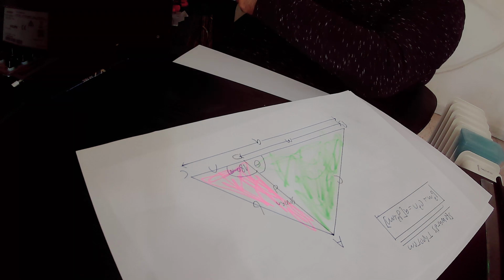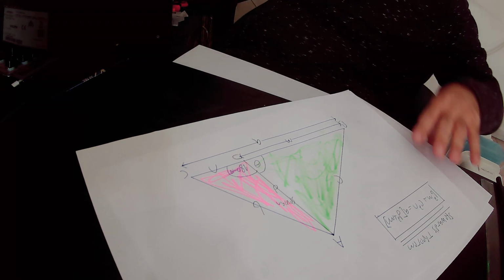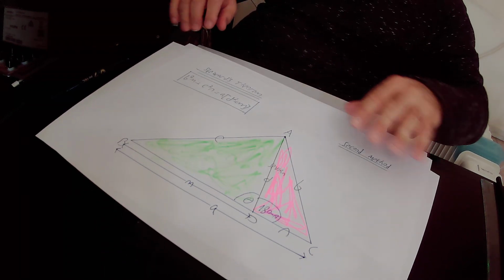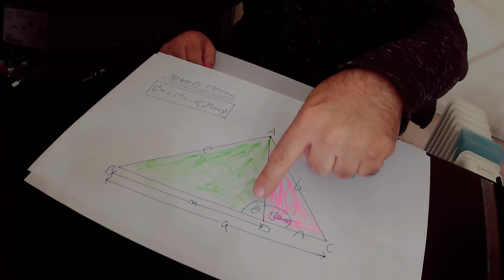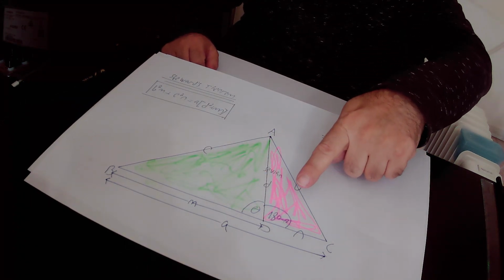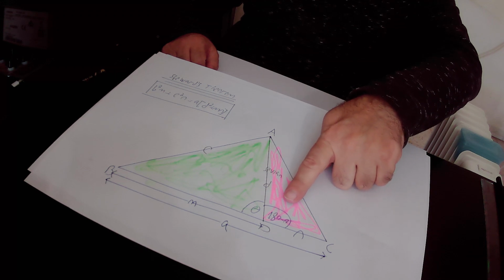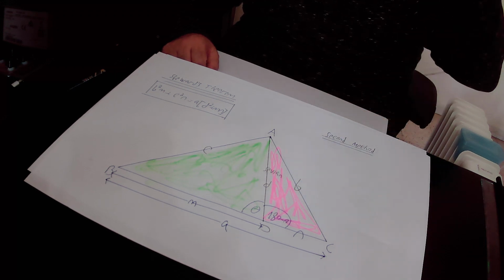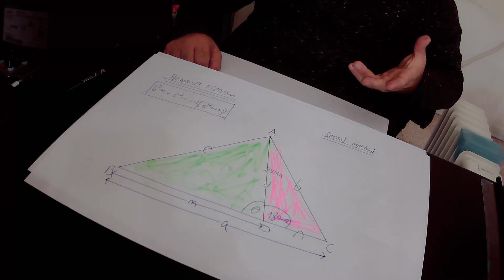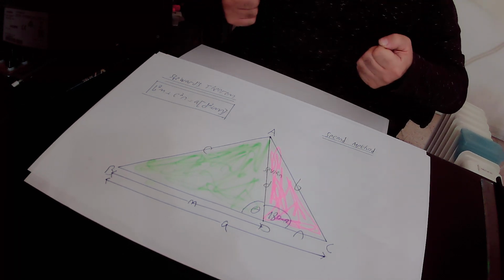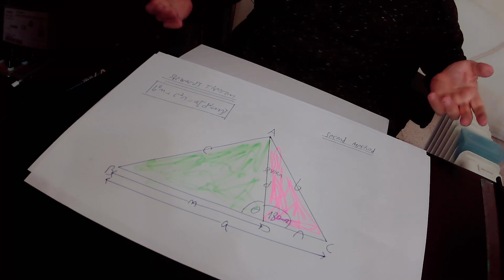Then in the next step, we proved Stewart's theorem according to the second method. In the second method, we defined angle ADB as theta. Therefore, the adjacent angle ADC must be equal to 180 degrees minus theta, according to the rule that the sum of the angles on one side of a straight line is equal to 180 degrees.